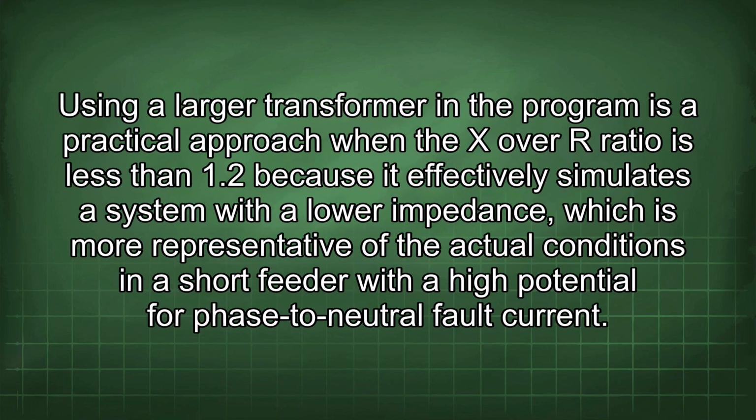Using a larger transformer in the program is a practical approach when the X/R ratio is less than 1.2 because it effectively simulates a system with a lower impedance, which is more representative of the actual conditions in a short feeder with a high potential for phase to neutral fault current.